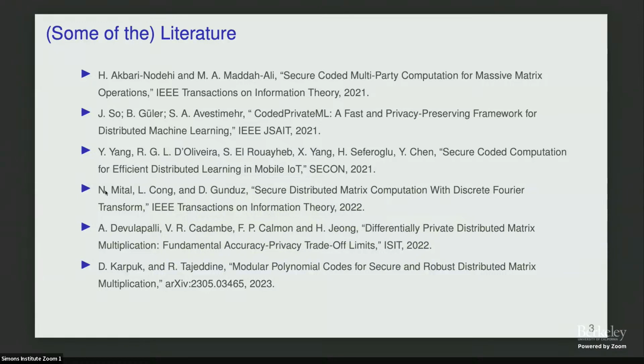You can think of it like you have your little phone or your smartwatch that wants to do a machine learning task, and there are these base stations, and you use them to save the power on your phone or watch. There's also some interesting work by people here on the differentially private version of this problem, which seems exciting. So this is some of the literature.